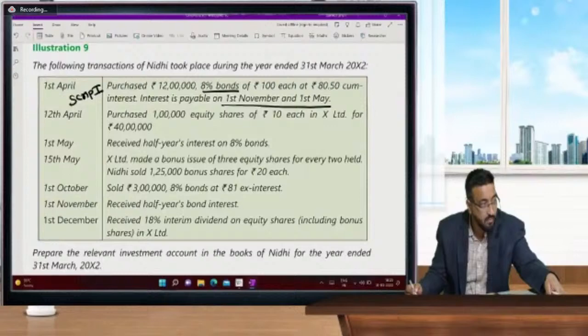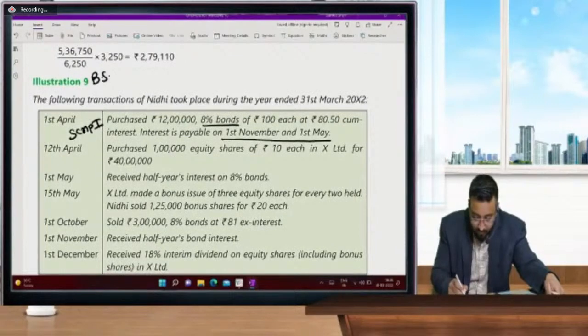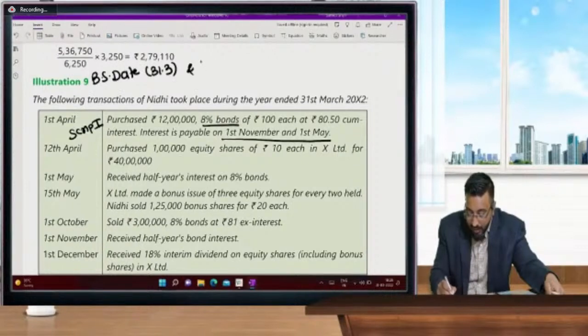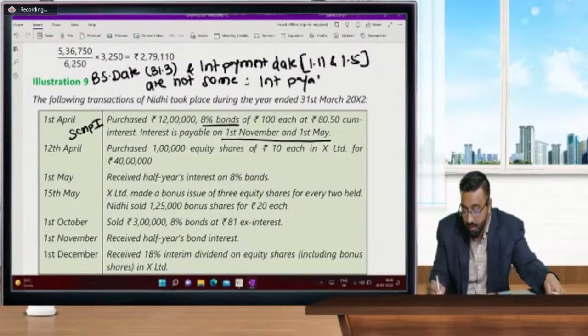Same, eh? Interest payment date and balance sheet date. Balance sheet date 31st March and interest payment date 1st November and 1st May are same or not same? Are not same. Therefore, interest payable आएगा ना?